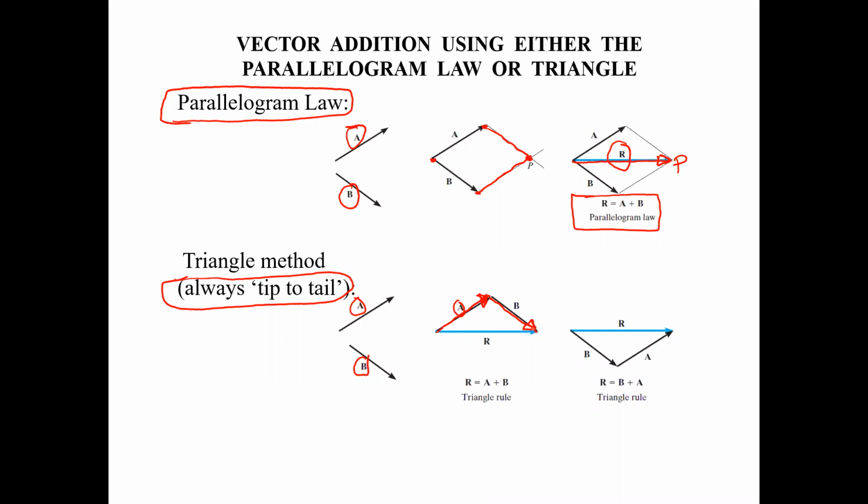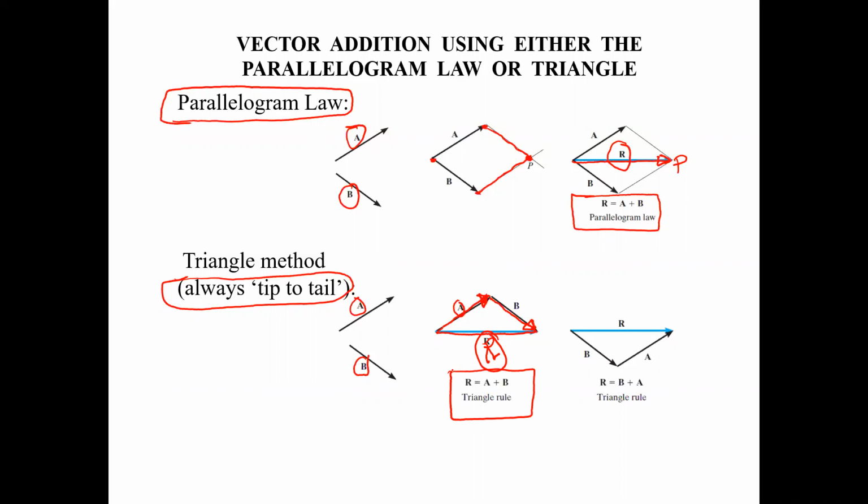So now you can join these 2 points in this fashion, and this is your resultant vector of the addition of vector A and vector B. So R equals A plus B, okay?